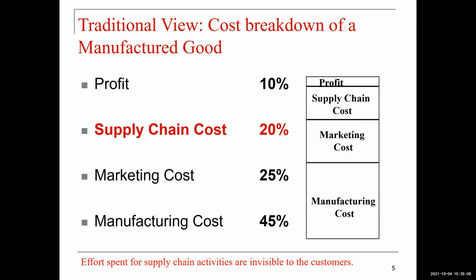Again, a large portion: manufacturing is less than half, and the rest is related to activities needed for taking that product to the customer. The effort spent on supply chain activities is mostly invisible to the customer. We don't see it as customers, but it is a big portion of what we are paying for our products.